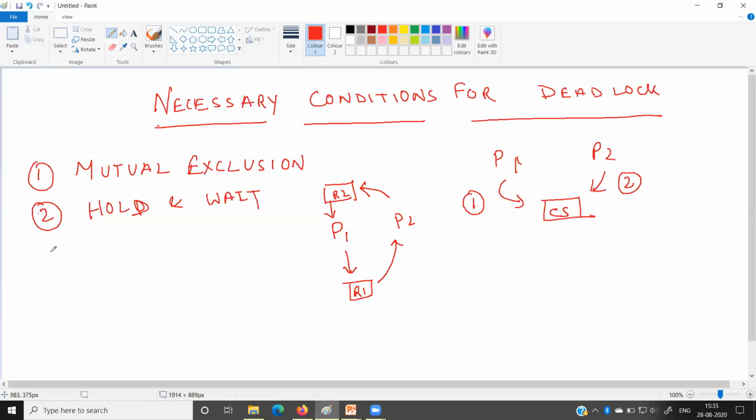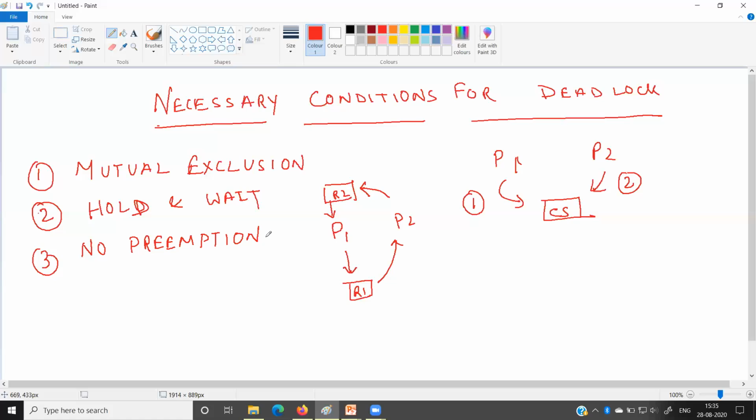Now the third condition is called no preemption. What is preemption? Preemption means we can forcefully take the resources. No preemption means that if resource R2 is assigned to P1, that resource R2 cannot be taken by any other process or by the operating system.